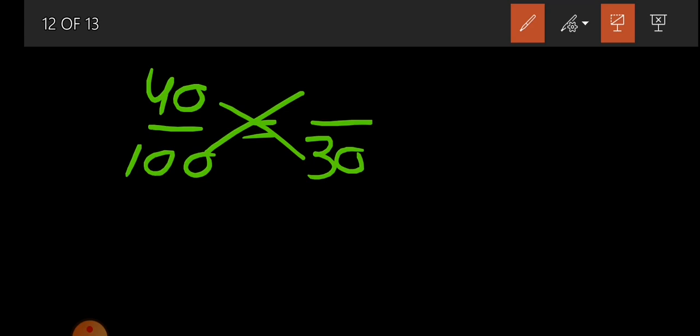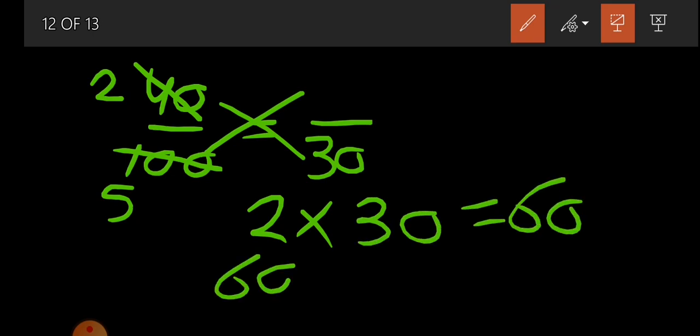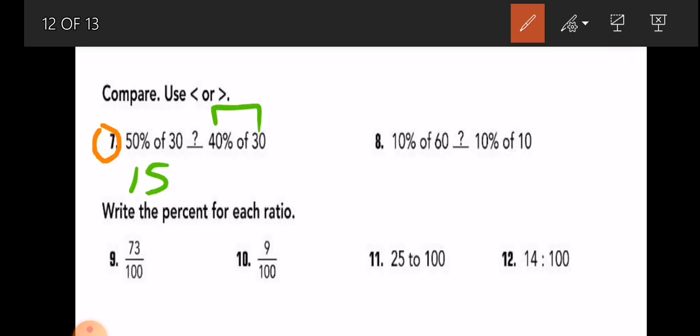For example, if I divide by 20, I will get 2. Here divide by 20, I will get 5. Now it's easier. 2 times 30 will give 60. Then 60 divided by 5 will give 12. So the answer is 12. So which one is greater?